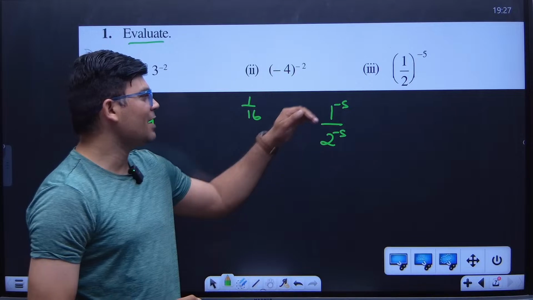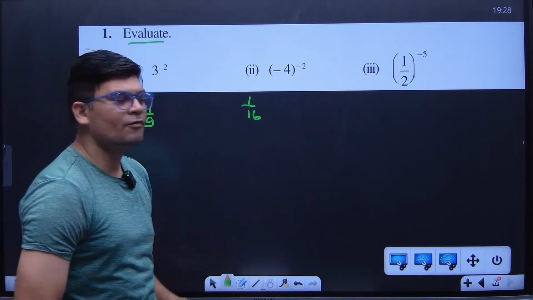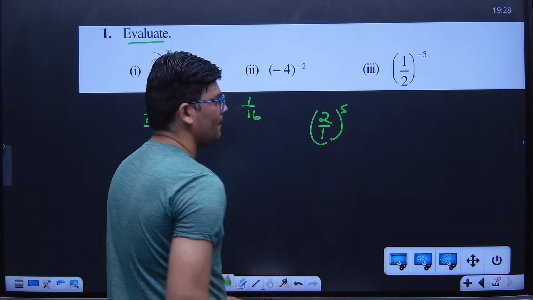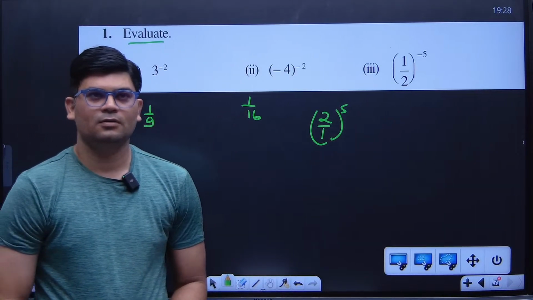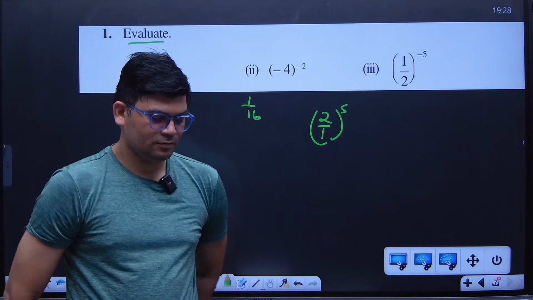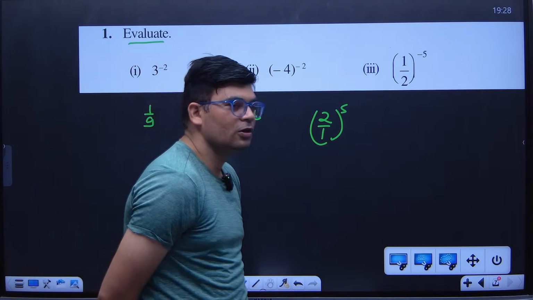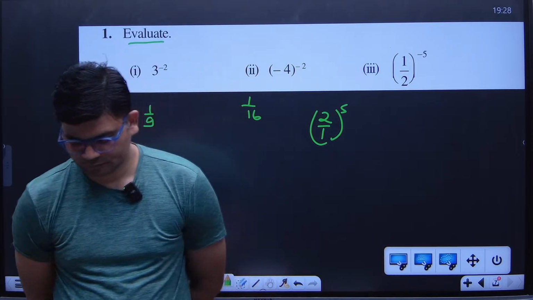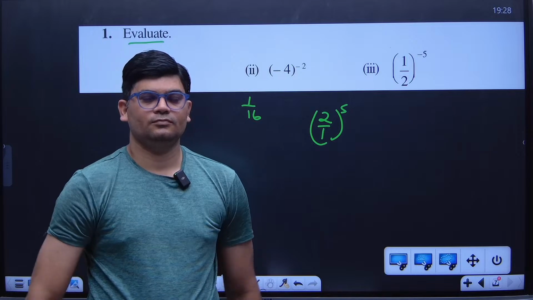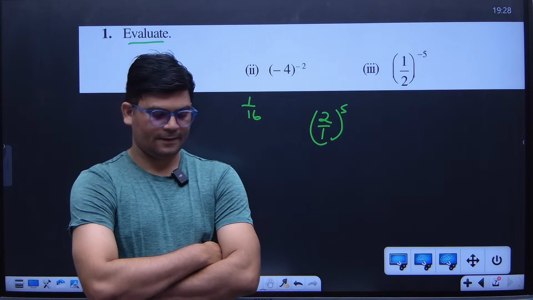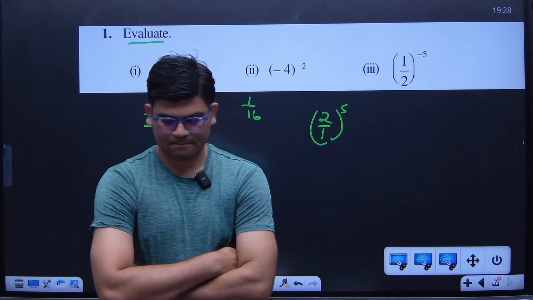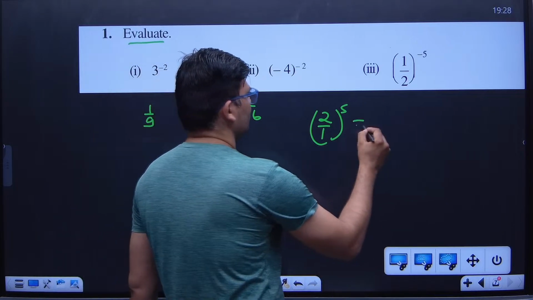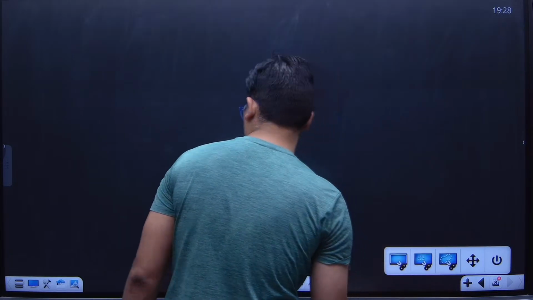Or you can make use of the seventh law first. The seventh law says the power of a negative number is the reciprocal. So it is going to be 2 by 1 to the power 5. What will be the value? Yesterday I made you remember all the values. 32 by 1, so it is 32. Correct.